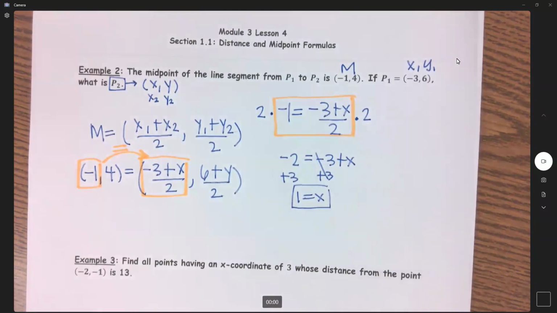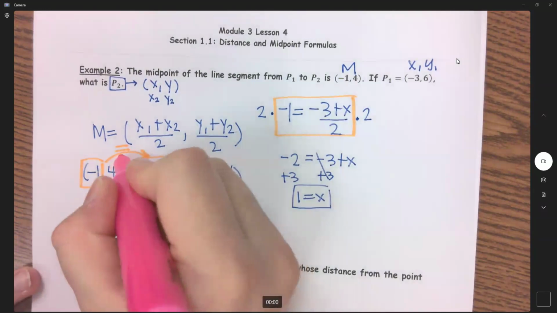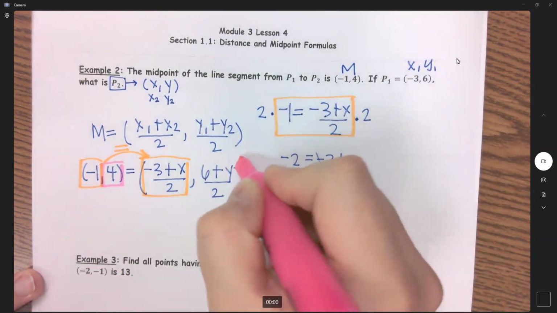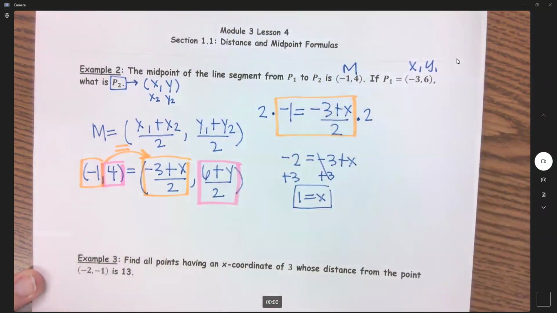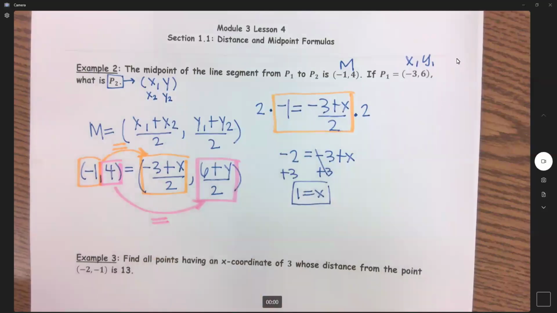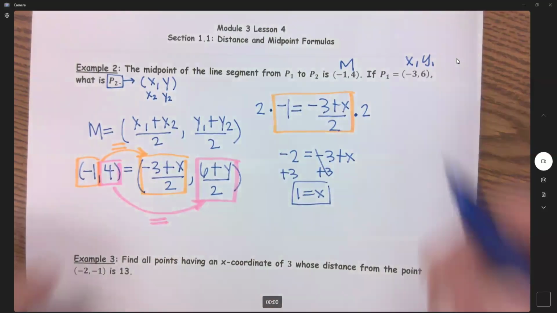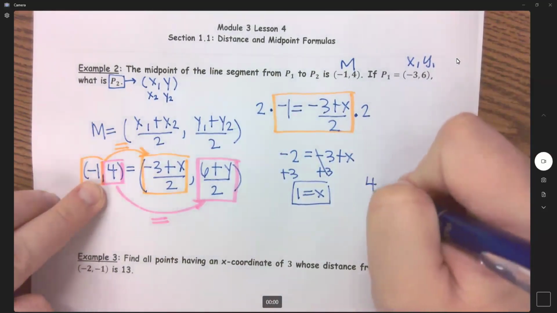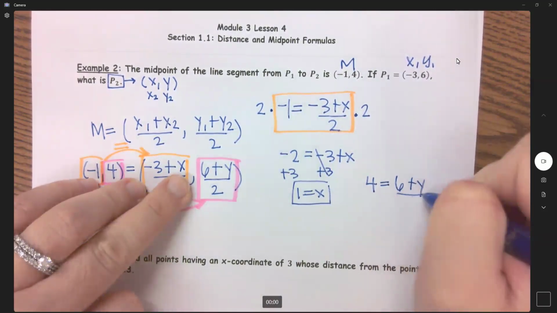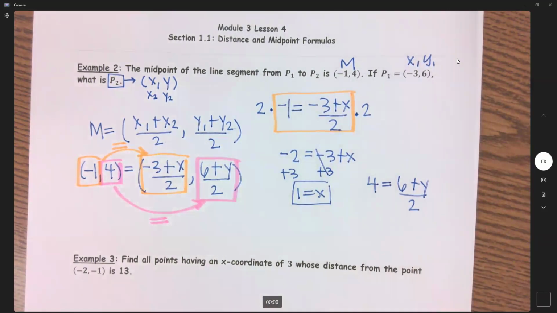So now we need to get our Y. So to do that, do the exact same thing. I need to set up my Y coordinate here of my midpoint equal to the Y coordinate here. So now I have 4 equals 6 plus Y over 2.